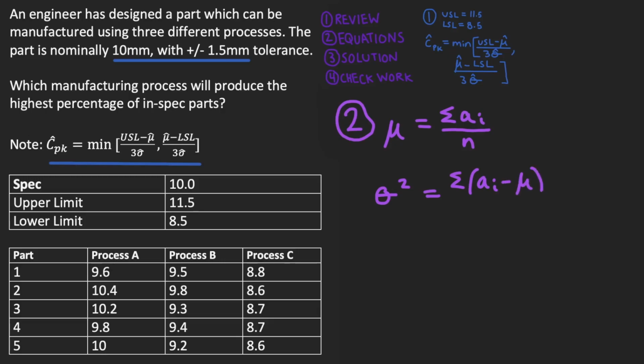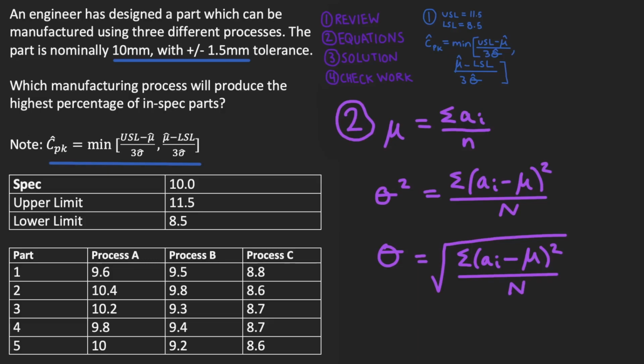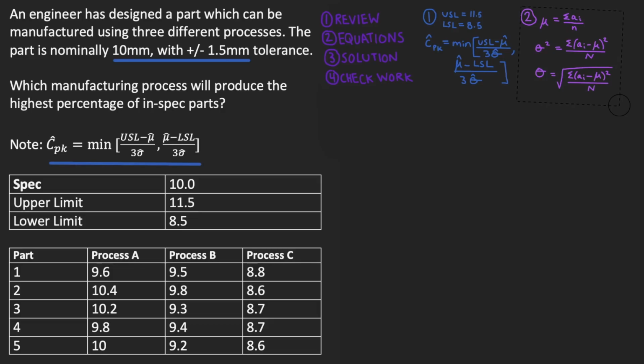Now, to find our standard deviation, we will take the square root of our variance, which is equal to sigma squared, and divide that by n, our number of entries. So, standard deviation is equal to the root of sigma squared over n.